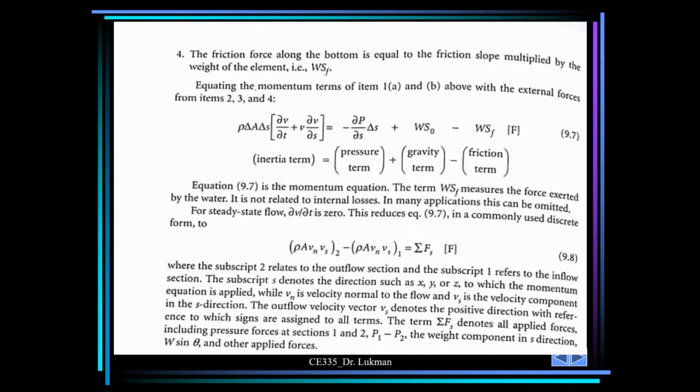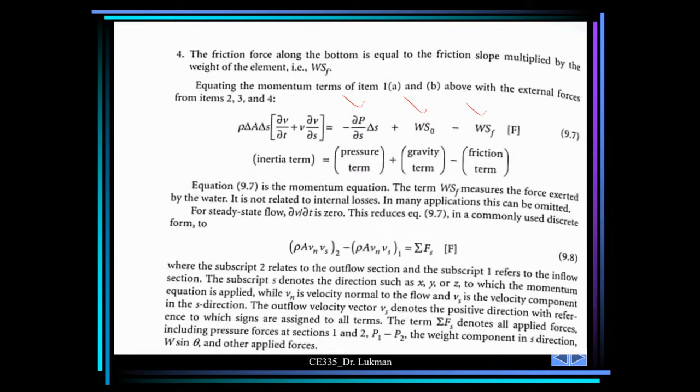So here, equating all the momentum terms, A and B above, with external forces, the rate of momentum is equal to now all the forces acting. So this is the pressure term, this is the gravity term as a result of the weight, and this is the friction term, which is minus, in the opposite direction.